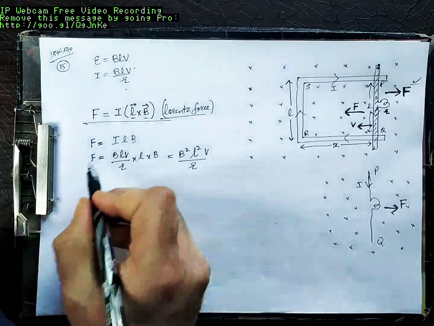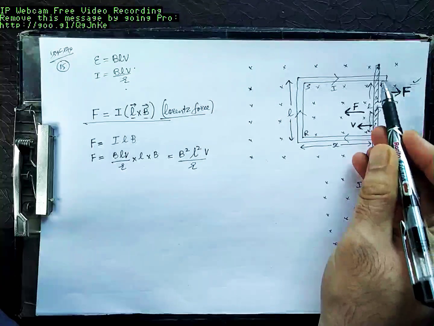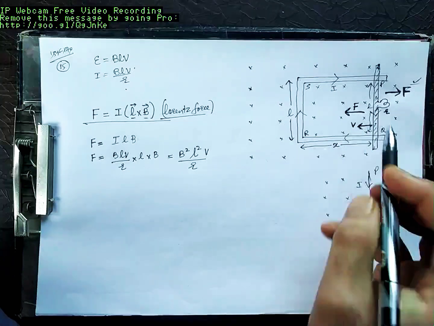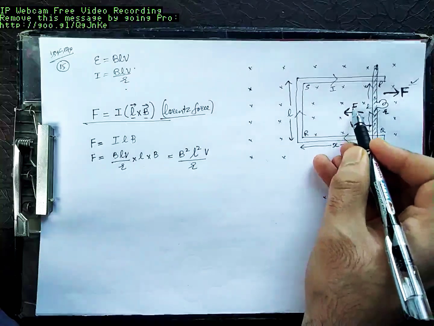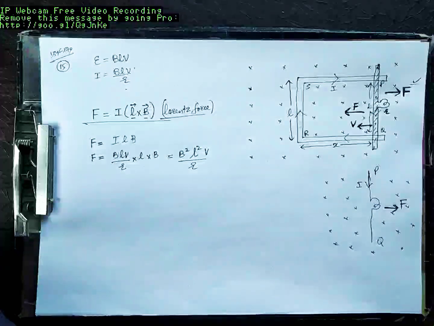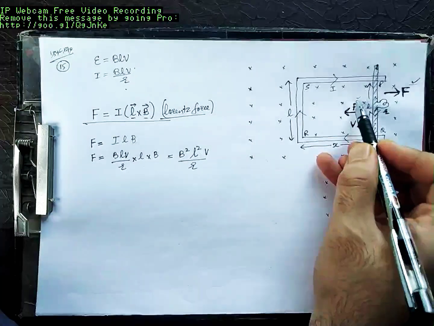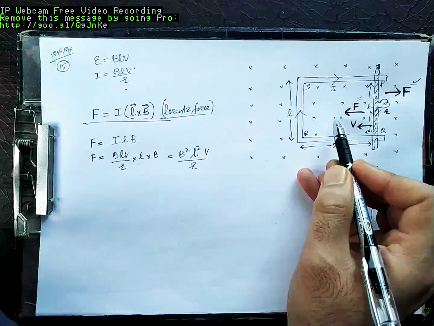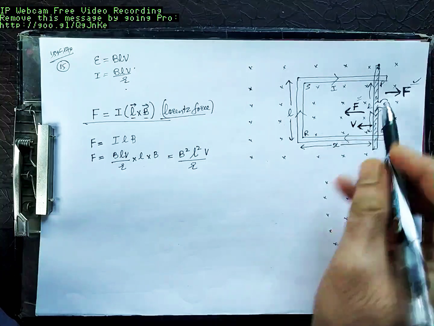Since you are moving this arm PQ towards left with velocity V, and you have to use a force F, you are applying a force on PQ and it is moving towards left. Doesn't that mean you are spending some work to move PQ towards left?